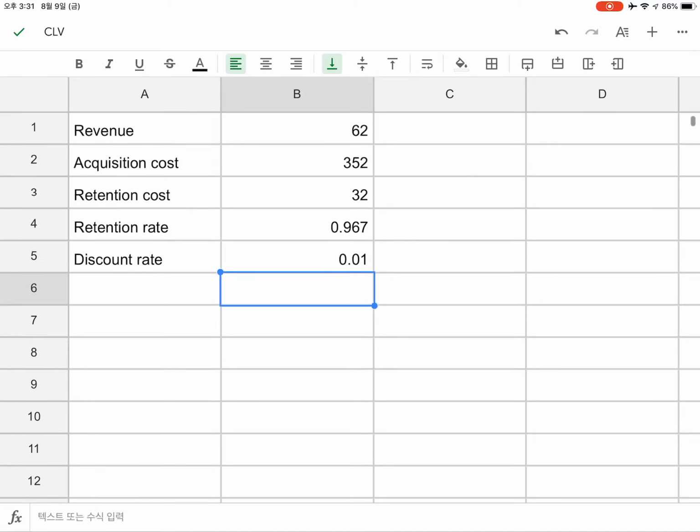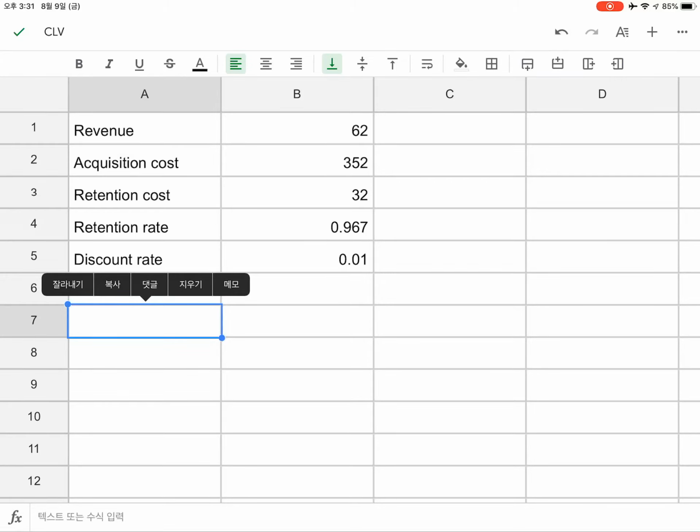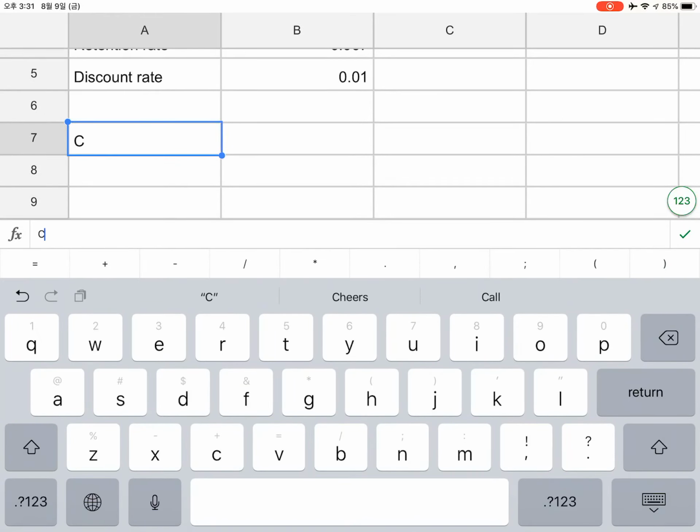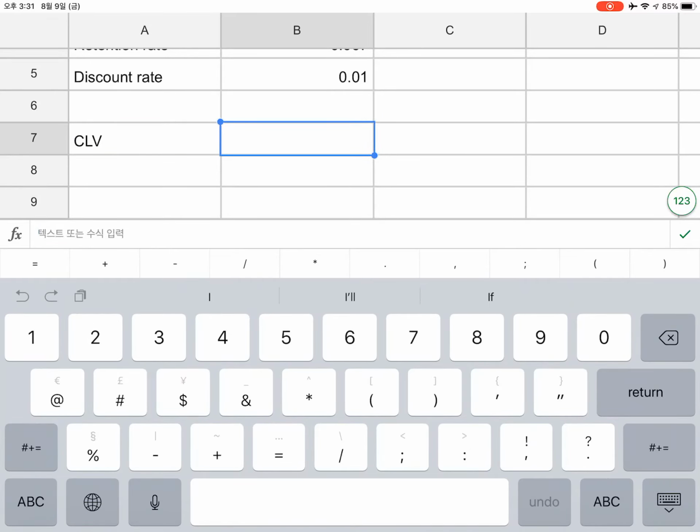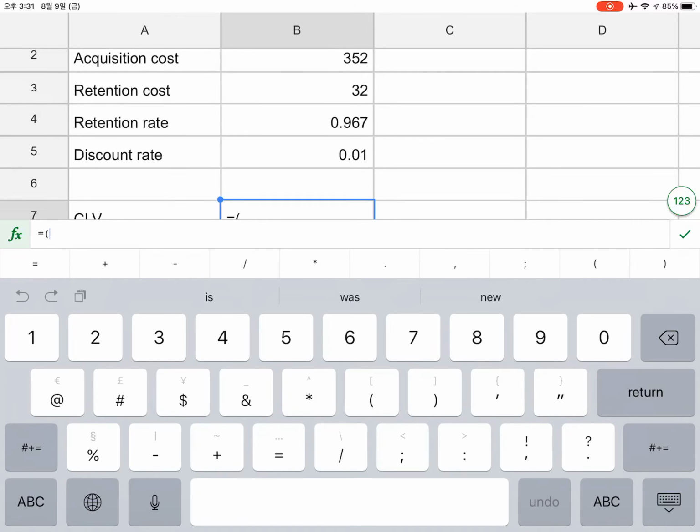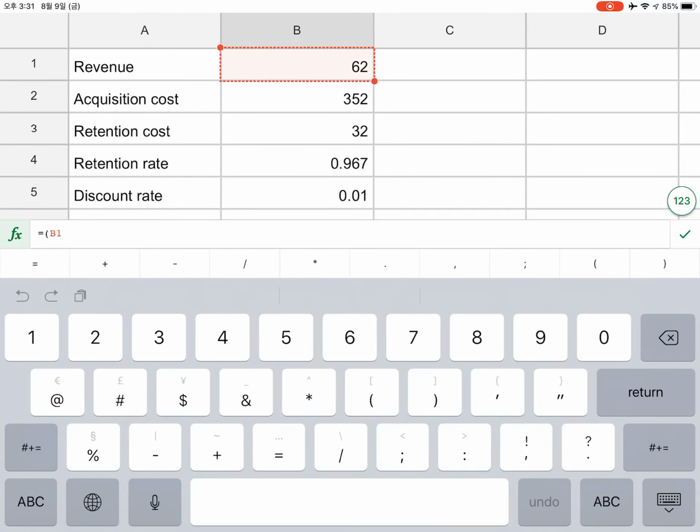And with these numbers set, you can compute the so-called customer lifetime value, CLV, by putting in the equation. Revenue, 62, minus retention cost per month, over 1 plus discount rate minus retention rate.